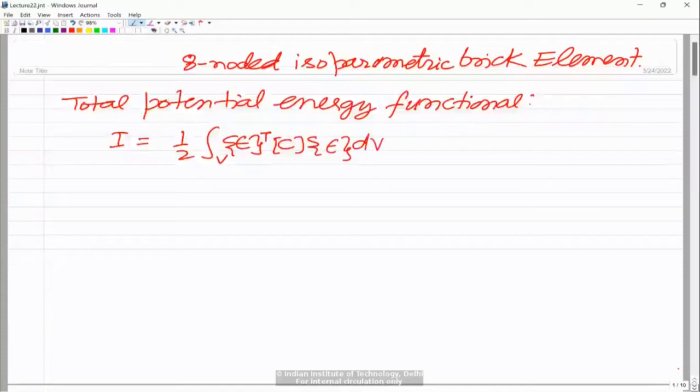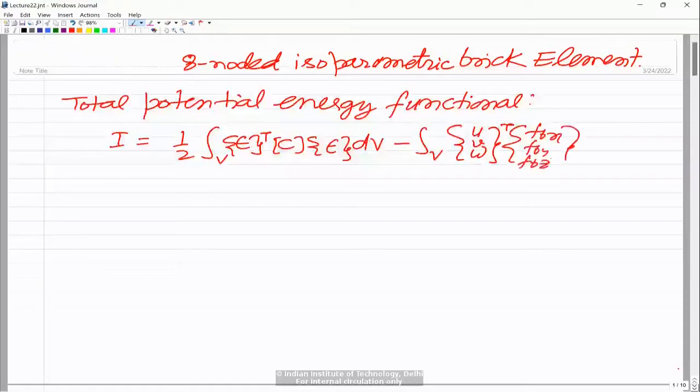So this is the strain energy part, and then minus we have the potential of body forces acting throughout the volume: u, v, w transpose into the body force per unit volume along x, y and z, integral dV.